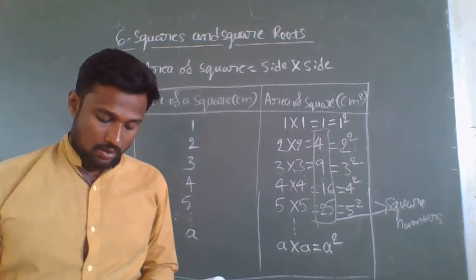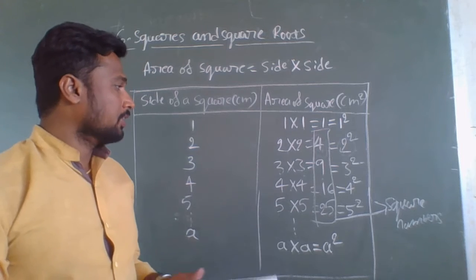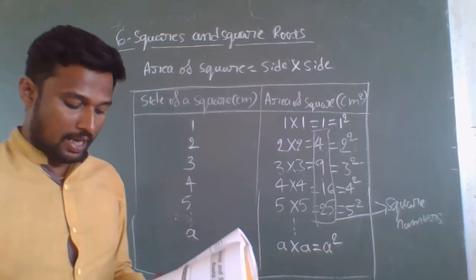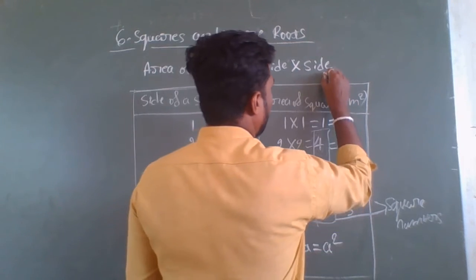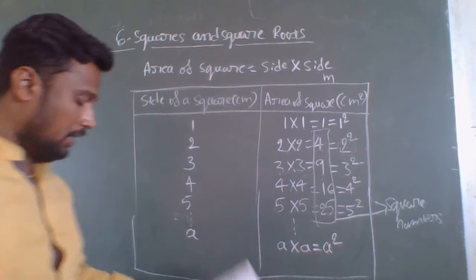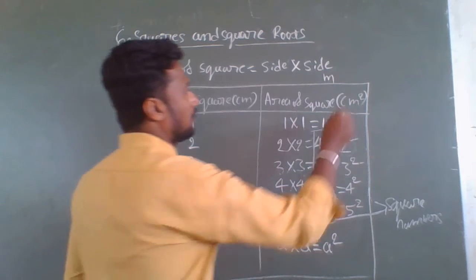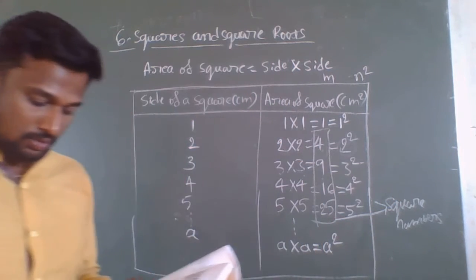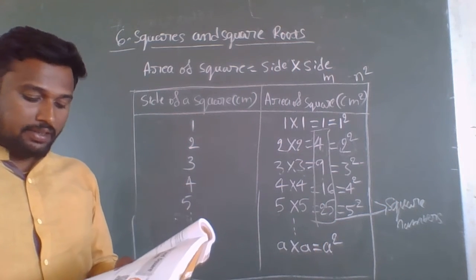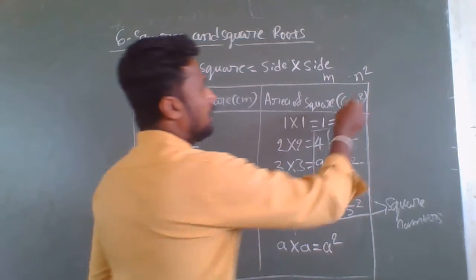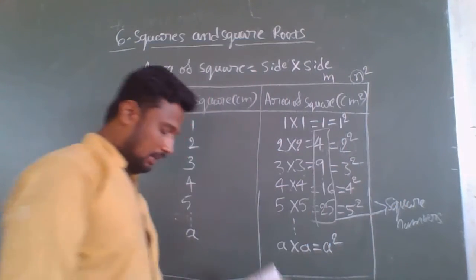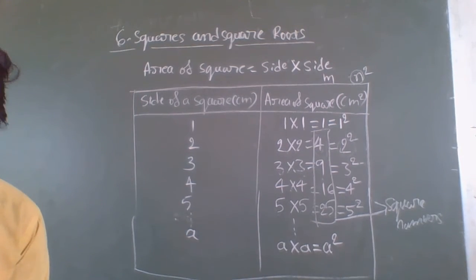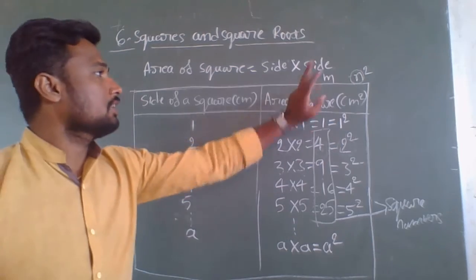So now, again below this, what they have given. In general, if a natural number m can be expressed as n square, where n is also a natural number, then m is a square number.